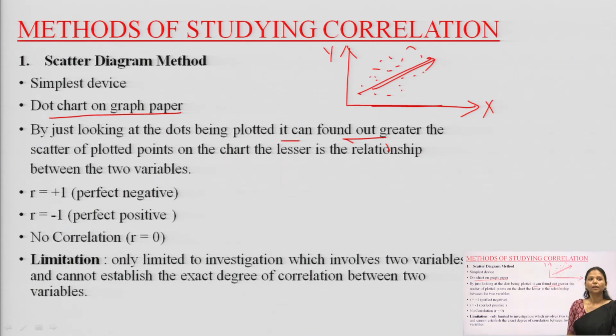The greater the scattering of the plots on the chart paper, the lesser is the relationship, and the greater the closeness between the dots, the more is the correlation between the two variables.